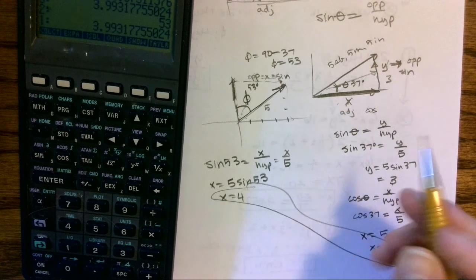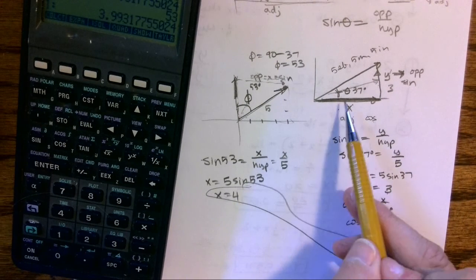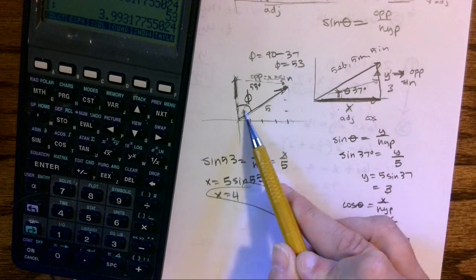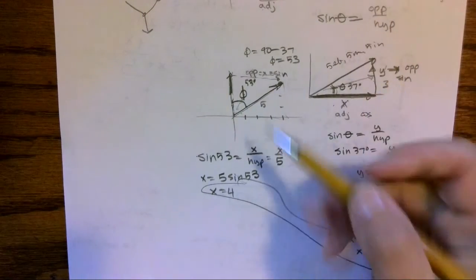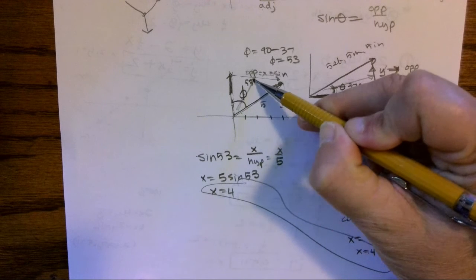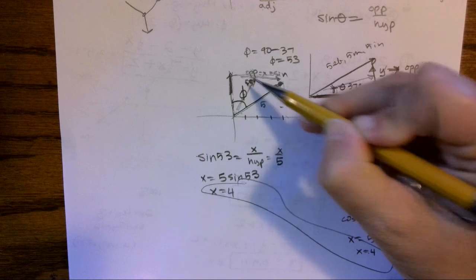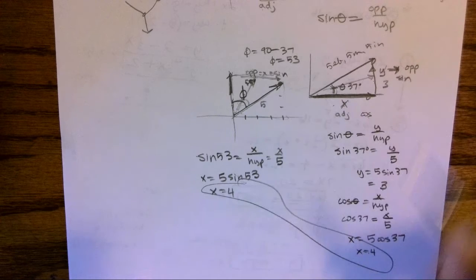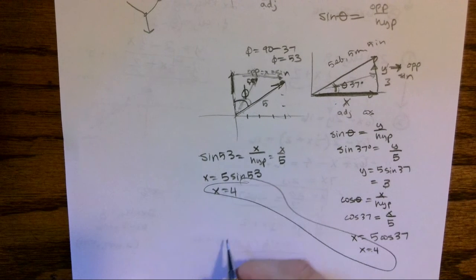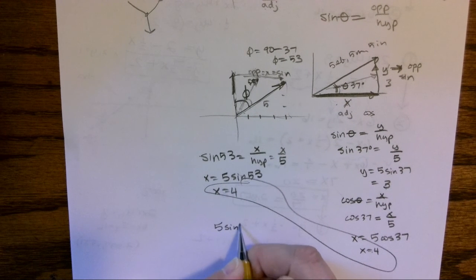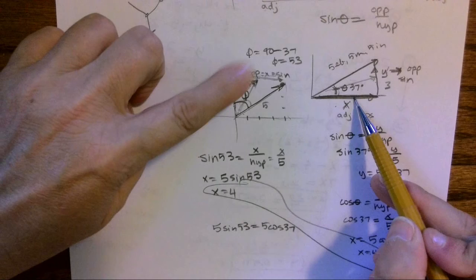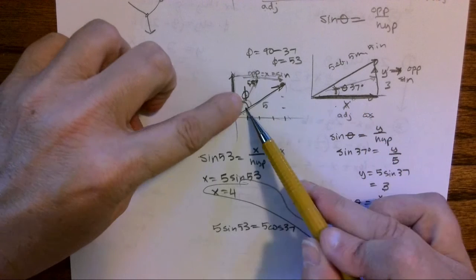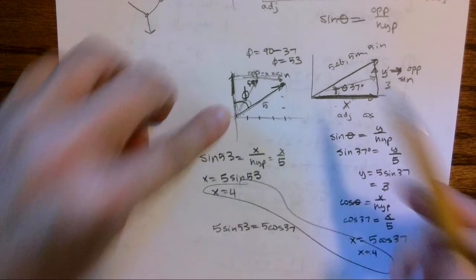So what I need to pay attention to is what axis my theta, my phi, my beta, or my alpha is coming off of. And I need to make sure opposite is the piece of the triangle that is not touching the angle that I'm looking at. So I can see that 5 sine 53 equals 5 cosine 37. They both give me the same x-axis. It's just from a different walking point.